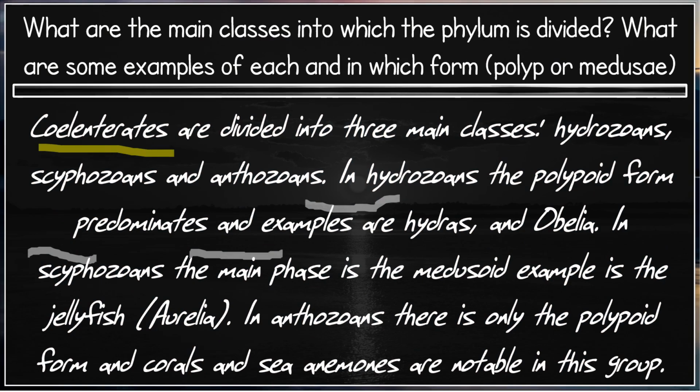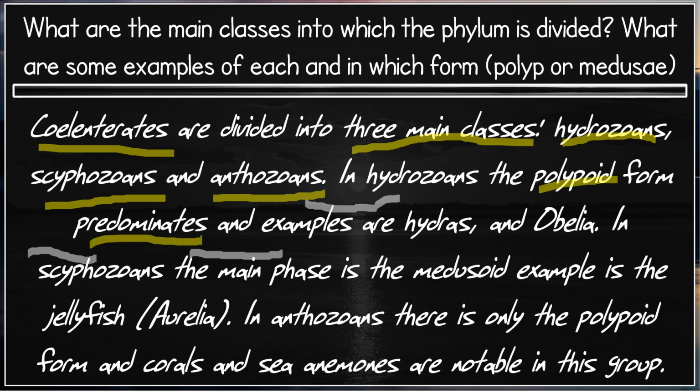Coelenterates are divided into three main classes: hydrozoans, scyphozoans, anthozoans. In hydrozoans, the polypoid form predominates, and examples are hydra and obelia.